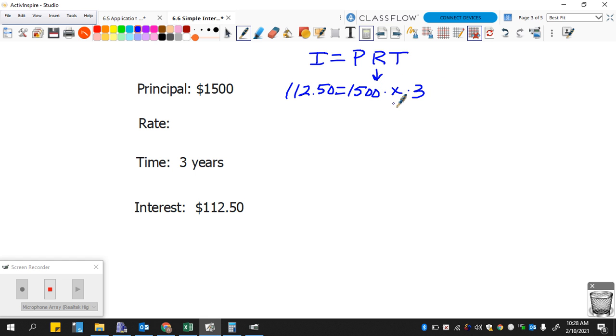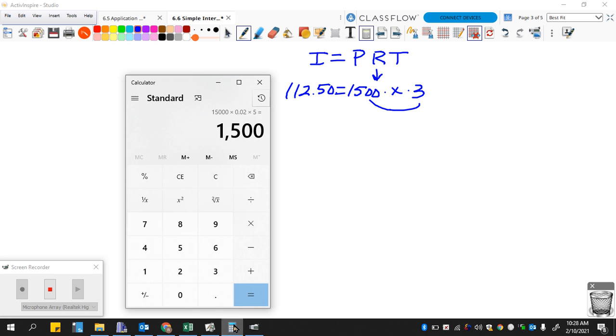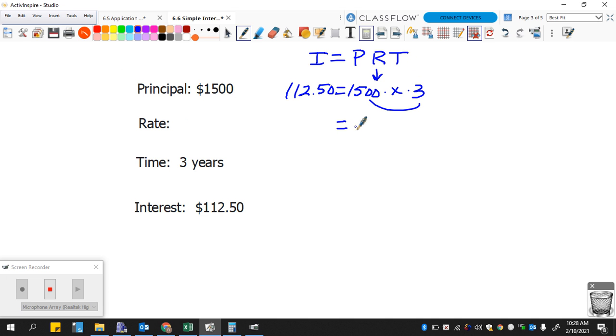So we can combine the 1,500 times 3, which is 4,500. So we have 4,500 if we combine our like terms here, and $112.50. And then obviously what we do is we divide by 4,500.